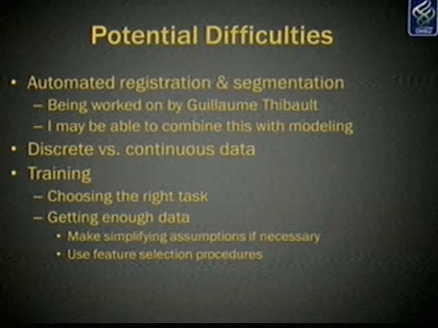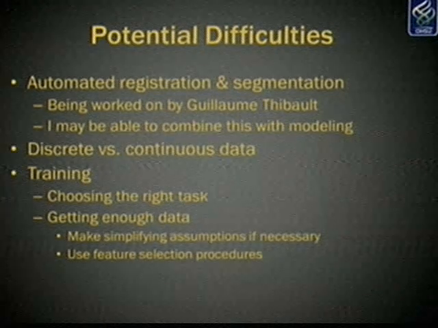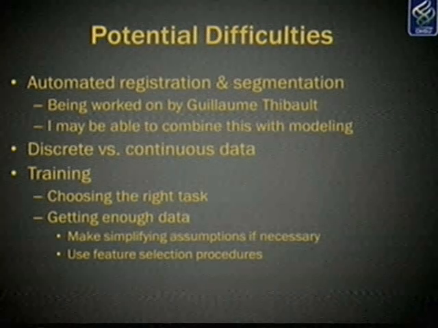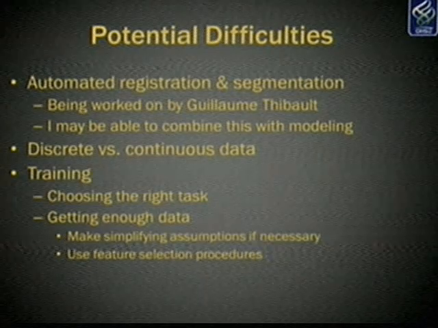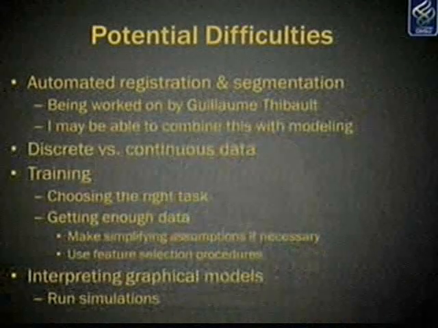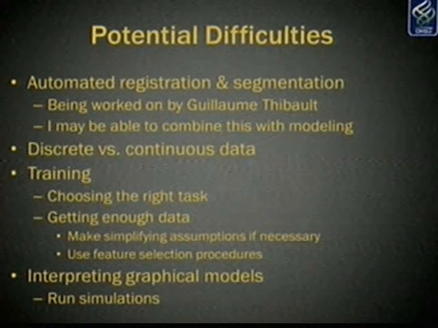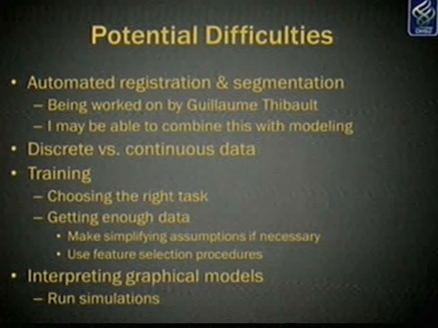I might be able to use feature selection procedures or information from previous studies that we could leverage, or information from lower resolution images like Human Protein Atlas, in order to understand some of these reactions or narrow down some of the possible graphical models as we're trying to train. And then interpreting can be difficult, but running simulations is one possibility to help interpret the model that I come up with.